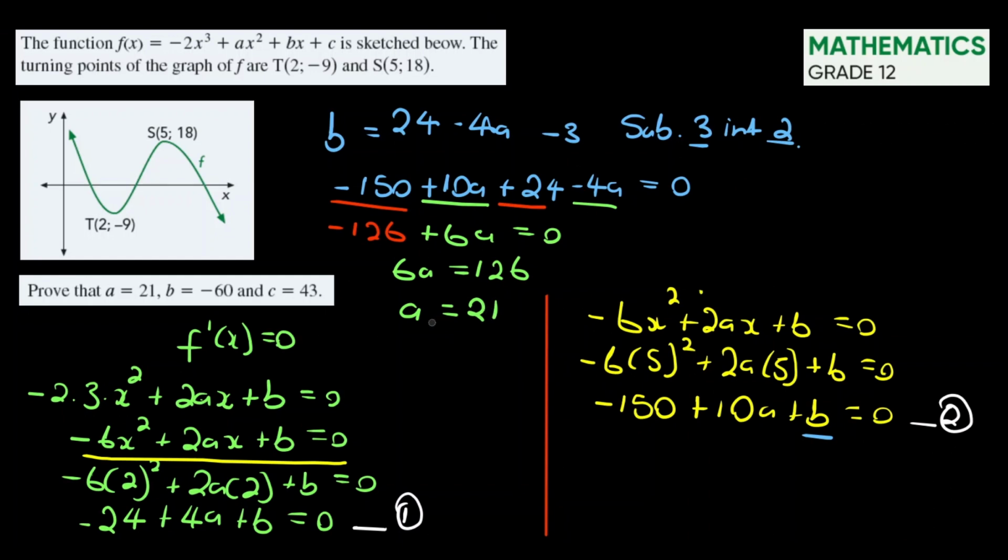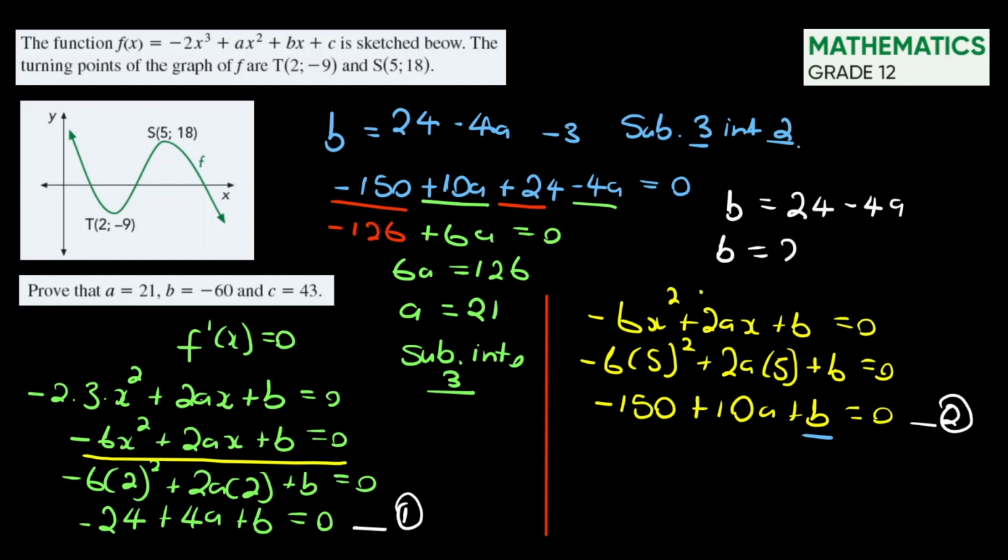How do we find b? We find b by substituting this value into equation 3. Why equation 3? Because equation 3 already has b as the subject. So in equation 3 we have b is equal to 24 minus 4a.